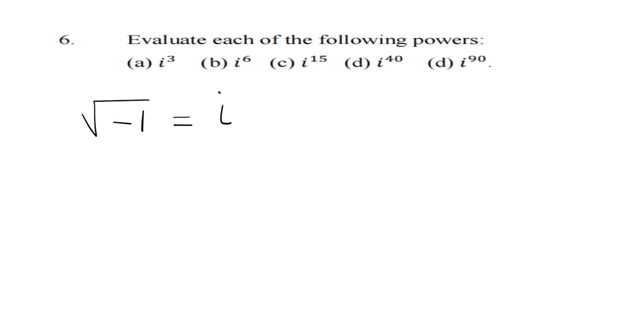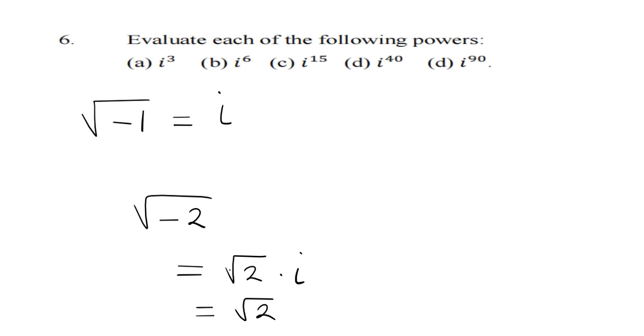So if we have, let's say, the square root of -2, this will be equal to, you can even separate it, the square root of 2 multiplied by I, which will be just the square root of 2 I. Okay, so basically those are the expressions that you need to understand.